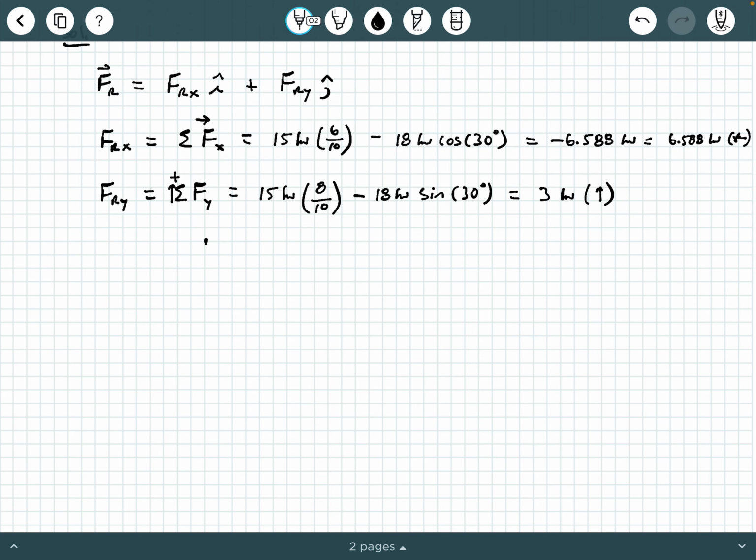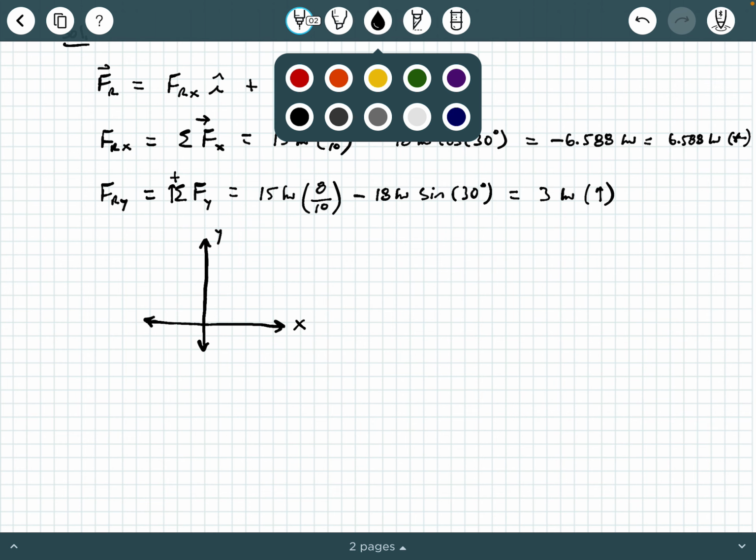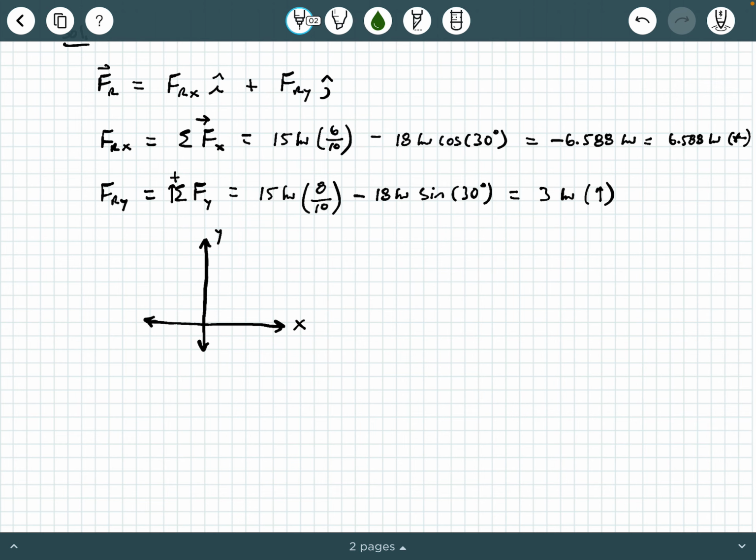So I can go ahead and sketch some axes here. Draw that a little better for us. It's getting worse. There we go.